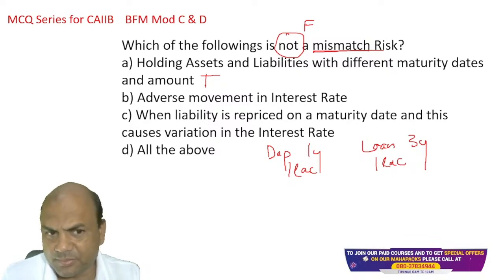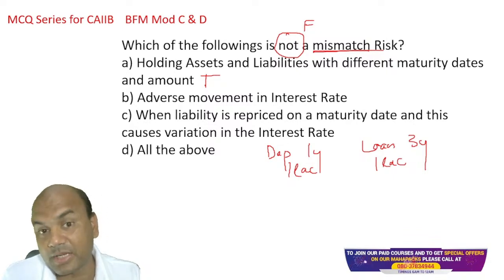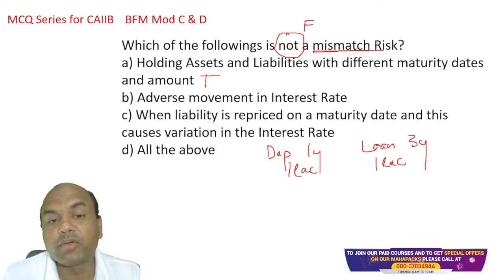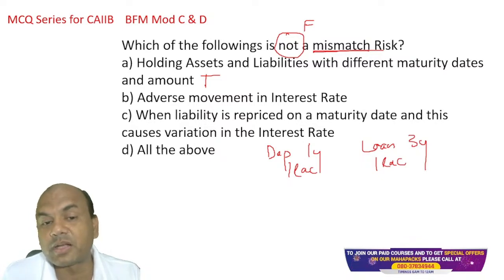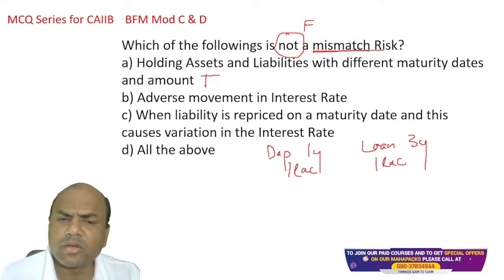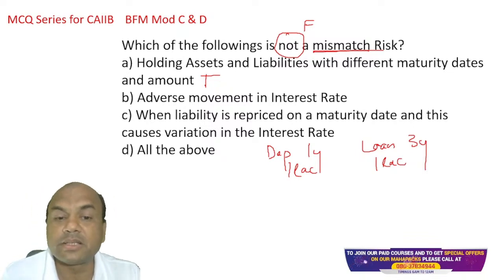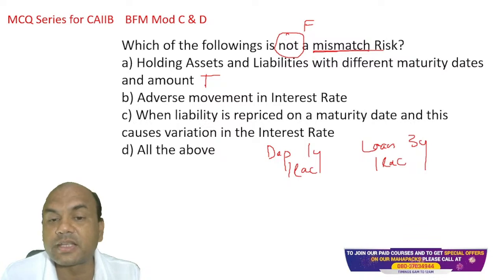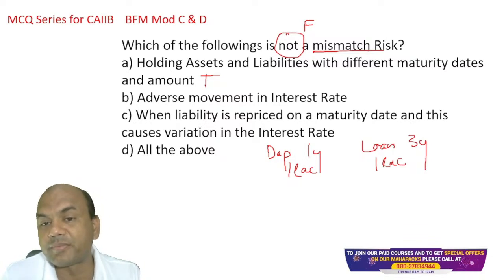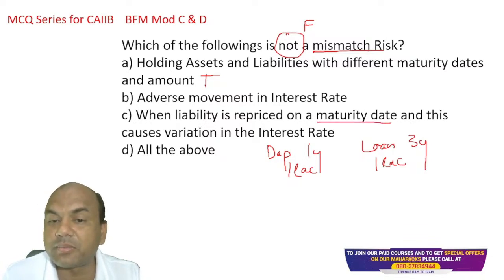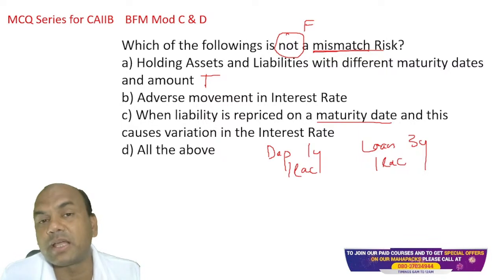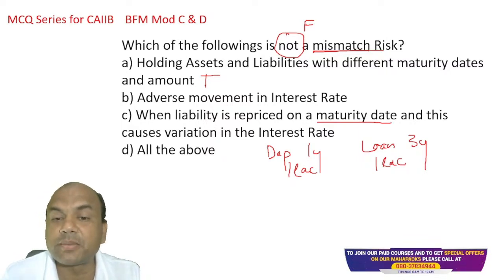Third one, let's see. B, keep it on hold because it can be the answer. When the liability is repriced on the maturity date and this causes variation in the interest rate. Means this liability is repriced on the maturity date. For the bank, what is the liability? Liability is the deposit, right? So this deposit is repriced.